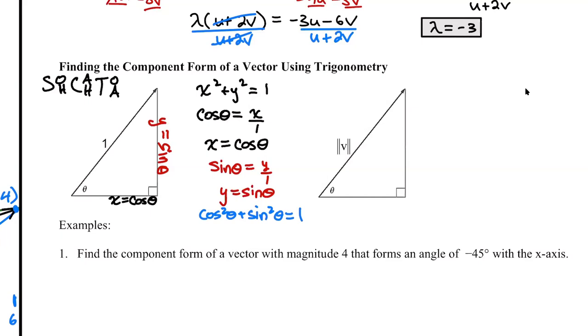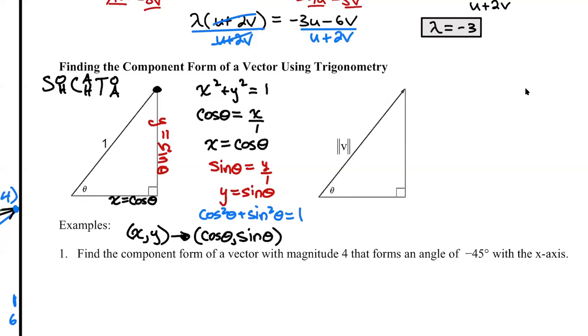We have that information, that's wonderful, but then it's a question of, well, how does this equate to the vector form, the component form of a vector? If I know that any coordinate in space is the result of x comma y, then that corresponds to cosine theta comma sine theta for the coordinate, all right?